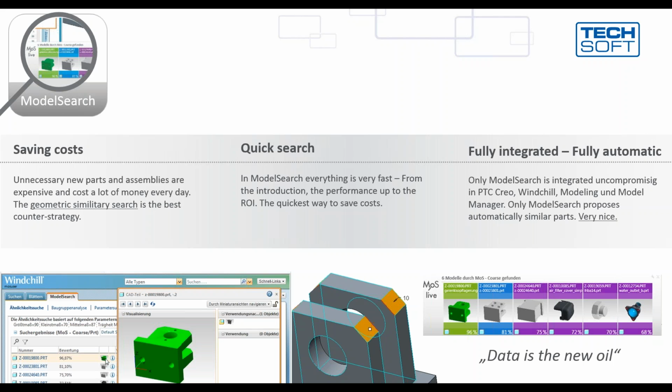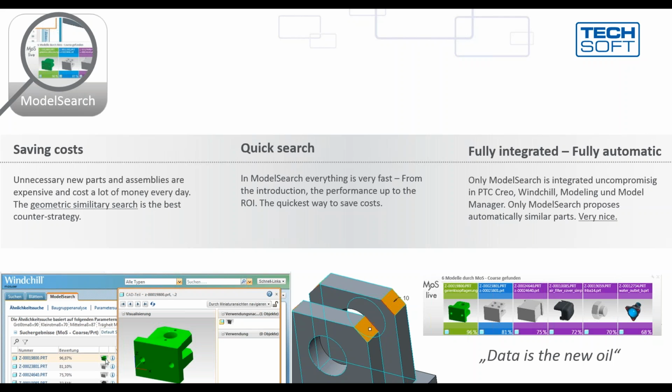That means no native former Pro Engineer files, now Creo Parametric files, or Creo Element Direct files from modeling. So one of the real USPs is, first of all, we have a native Creo Parametric and Windchill environment, and it's more than that. ModelSearch is a Windchill application. You will see later what that is all about.